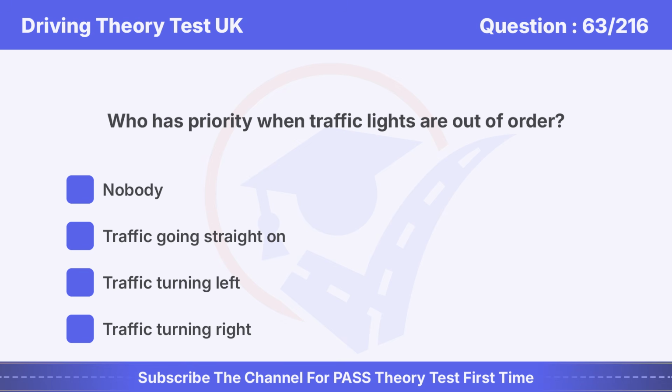Question 63. Who has priority when traffic lights are out of order? Answer is A. Nobody.